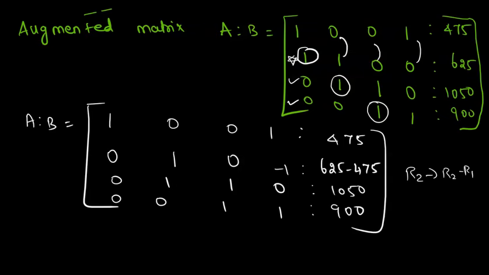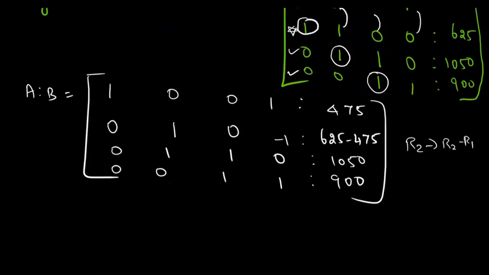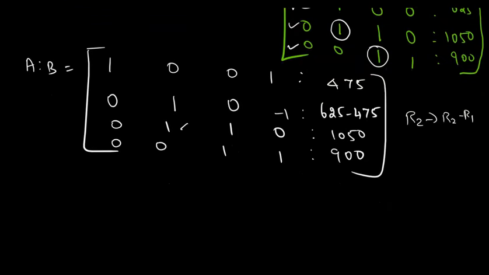Now, clearly, what is our target? I want to make this 0. This is my target. So I will write R3 goes to R3 minus R2, because if I take any other row, this will not become 0. So I have to use these two to make this one 0. Correct?